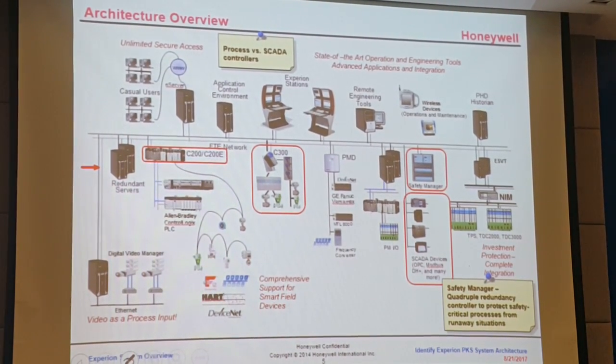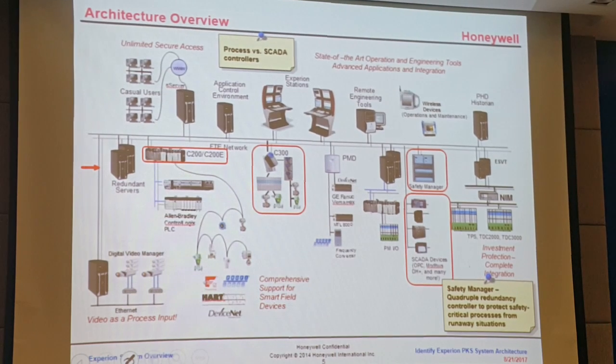When the C200 or C300 database is configured, the download also loads the Experion server global database, meaning the RTDB. So it is a one-step operation. SCADA controllers can be made by Honeywell or by many other manufacturers, for example AB or Siemens.